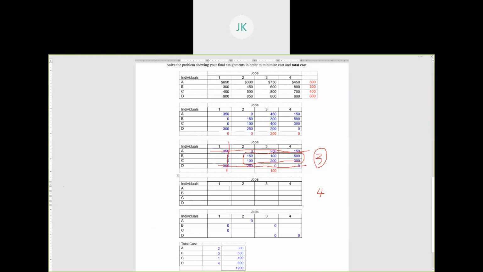The same, this column doesn't change, and this row doesn't change, so I will copy.